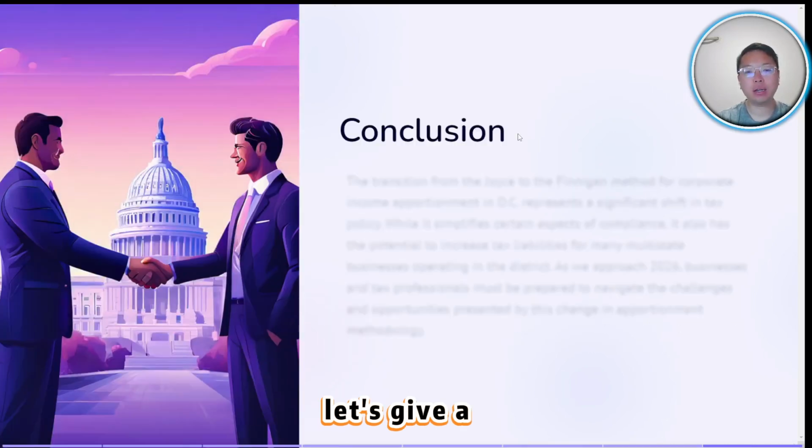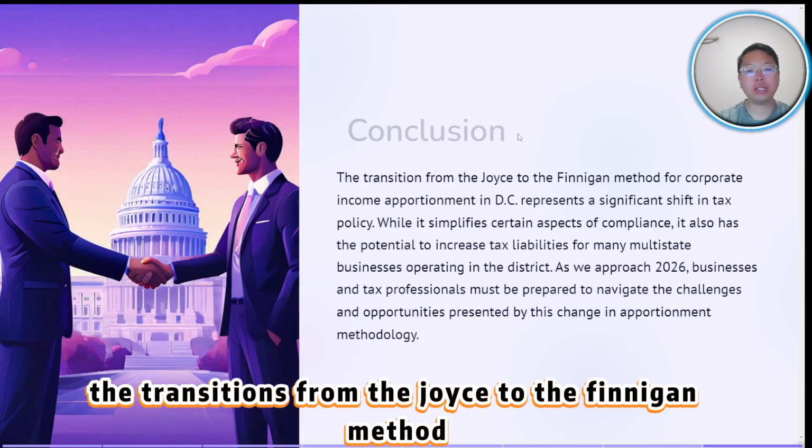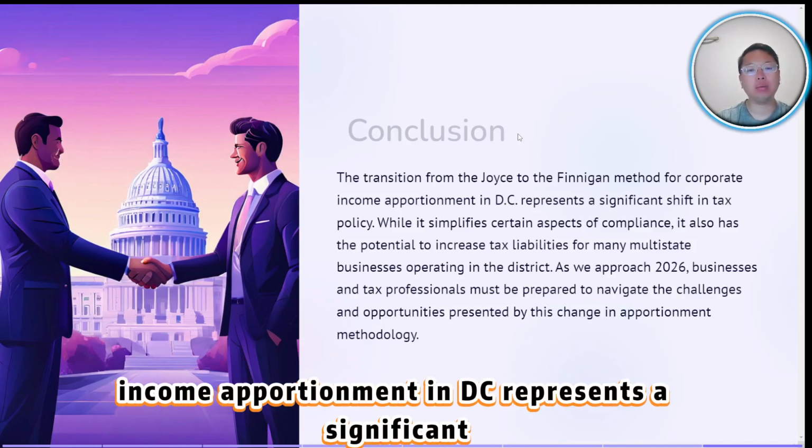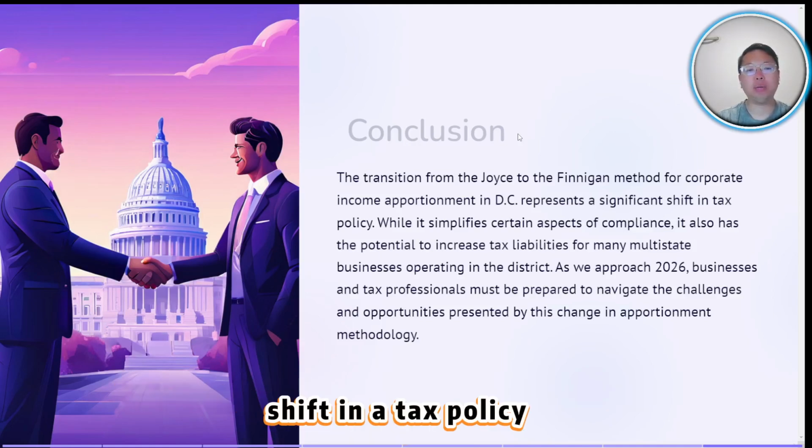Let's give a conclusion. The transition from the Joyce to the Finnigan method for corporate income apportionment in DC represents a significant shift in tax policy.